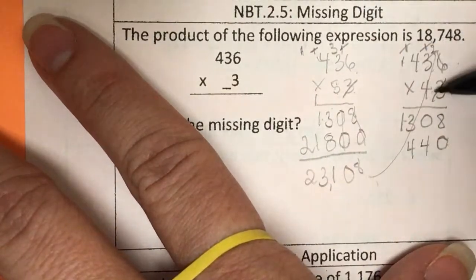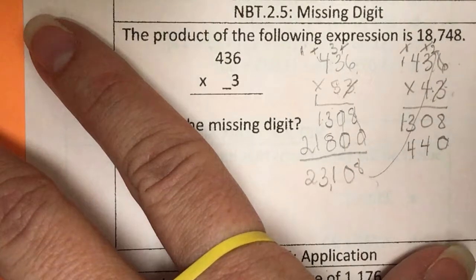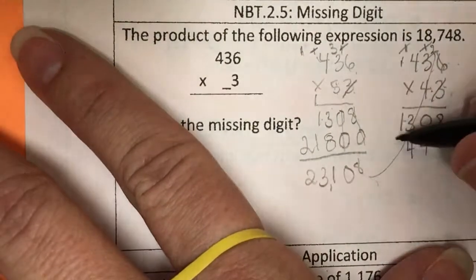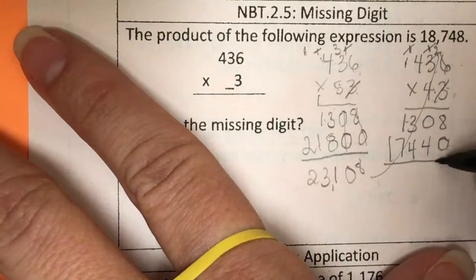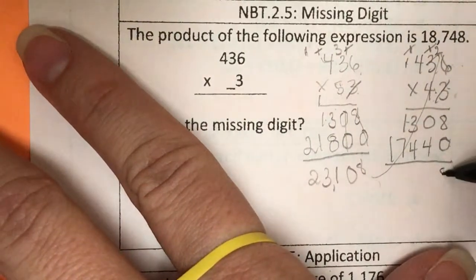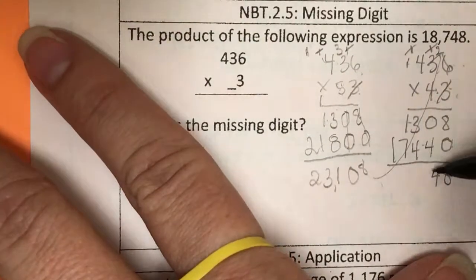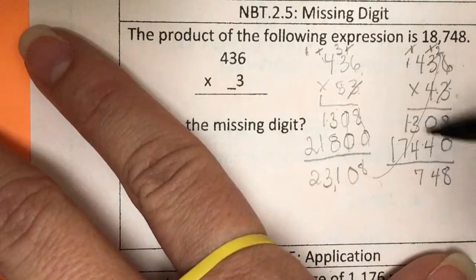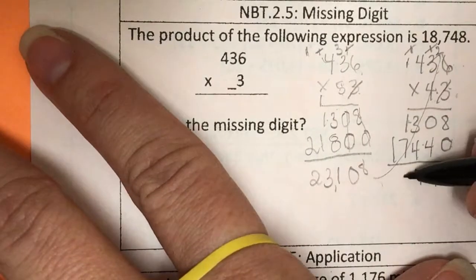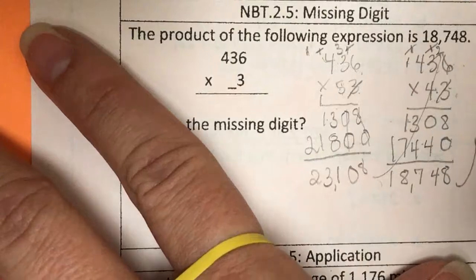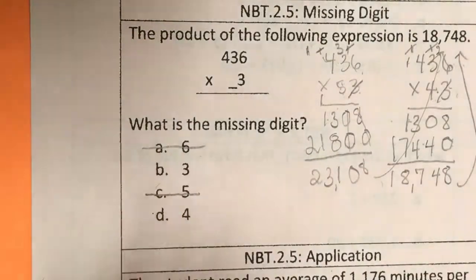Regroup my 1. 4 times 4 is 16, plus 1 more is 17. 8 plus 0 is 8. 0 plus 4 is 4. 3 plus 4 is 7. 1 plus 7 is 8. Nothing plus 1 is 1. Check that against my answer.